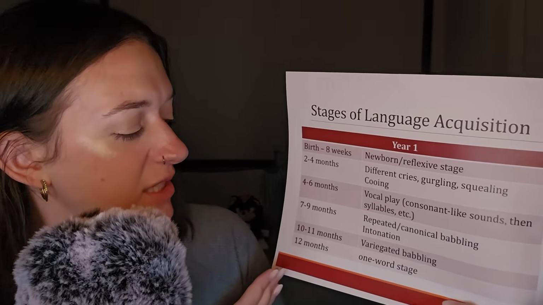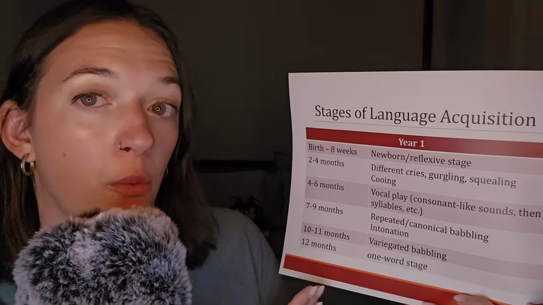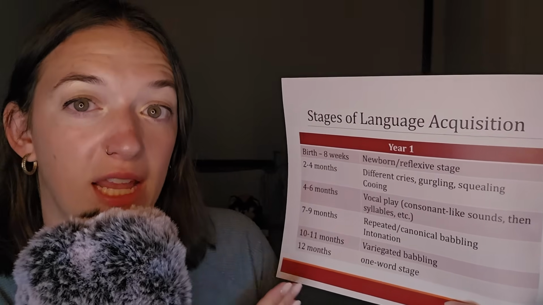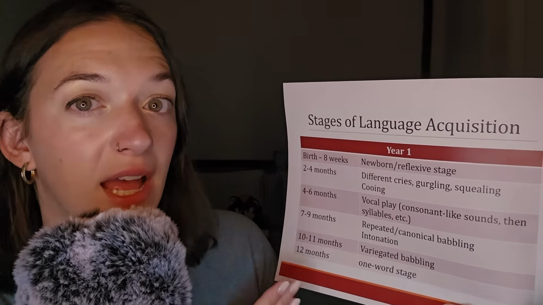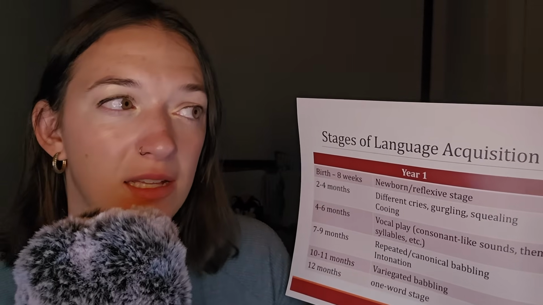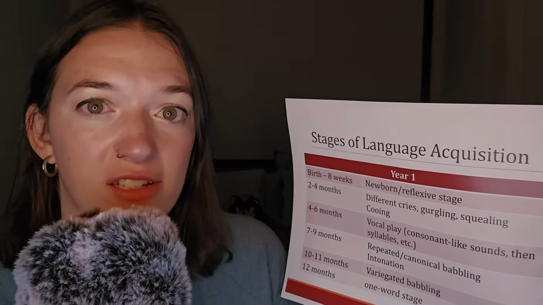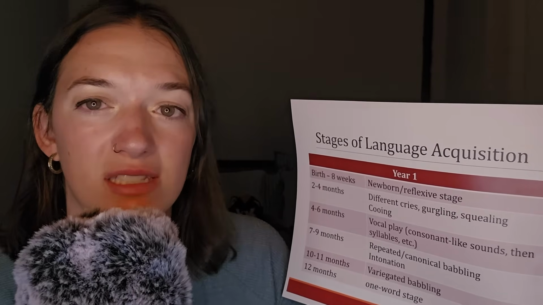At 12 months, most typically developing infants are at the one-word stage. They can produce one word at a time. Mama, dada, kika for cat, or something.